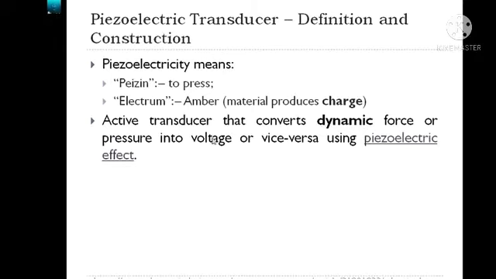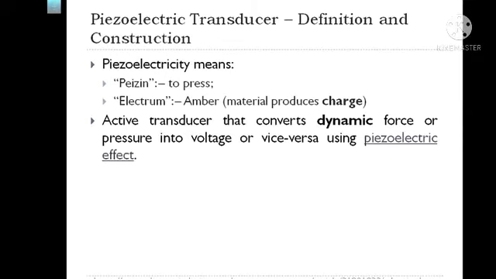This force is converted into voltage. The piezoelectric transducer is active because it does not need any power source. Vice versa, it will also convert vibrations into an electric signal, and for that it uses the piezoelectric effect.